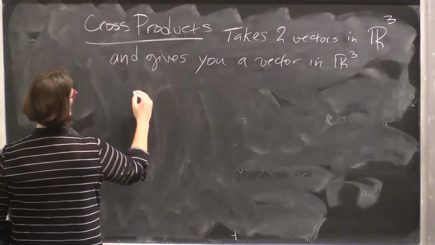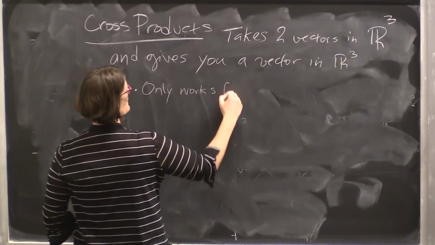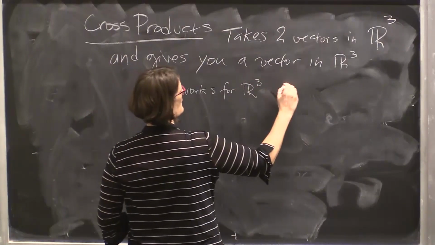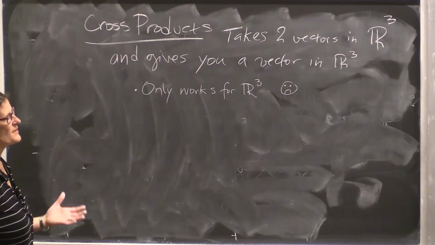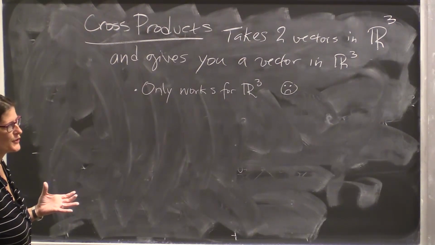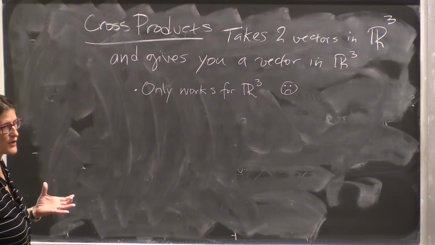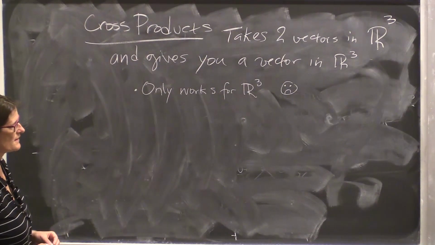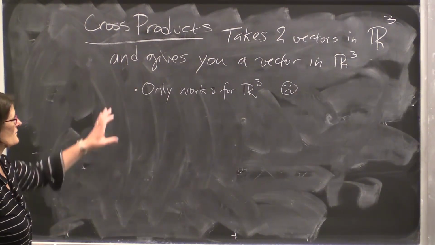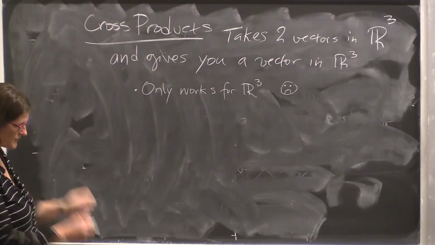Now, this only works for R3. If you gave me 4 vectors in R5, I could produce a 5th vector in R5, which is the mathematical analog of the cross product, but we're not doing that in this class. If you're curious about that when we get to determinants and or projections onto subspaces, ask me then. For the moment, cross products only work in R3. If you're given 2 vectors, those 2 vectors better be in R3.